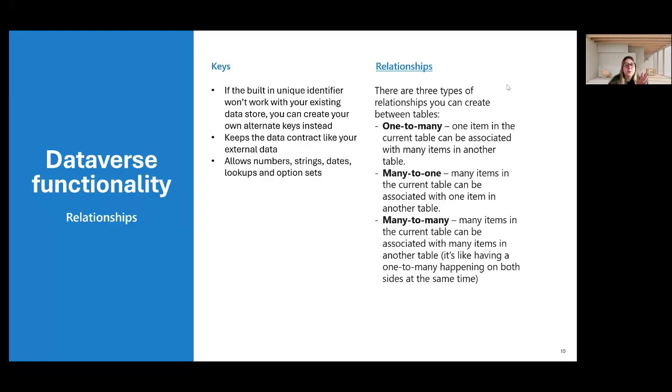Or the opposite, you can have many to one. It's very similar, just changing the direction: many items can be associated with one item. And then you have many to many, so you can have many things related to many other things. It's just the type of relationship that you can create here.